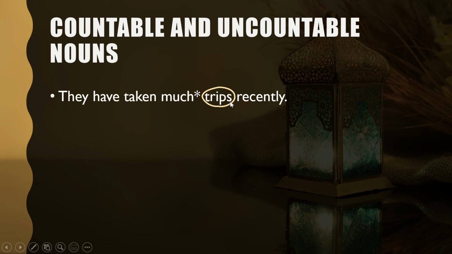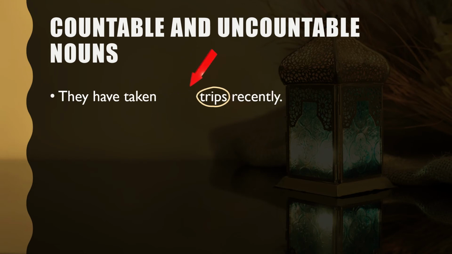You can say one trip, two trips, many trips, but you cannot say much trips because much is a modifier. Much is a modifier used for uncountable nouns. Therefore, you have to change much into many.